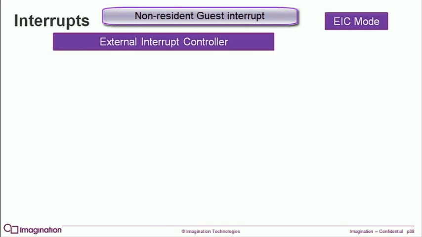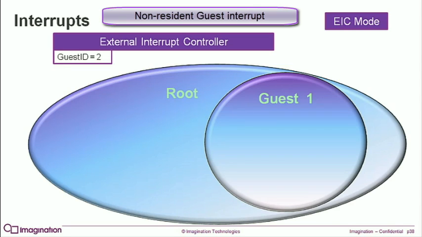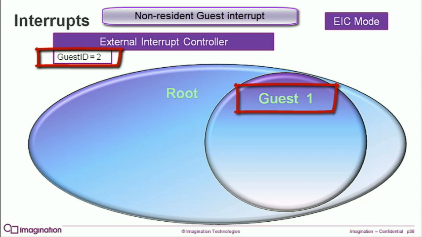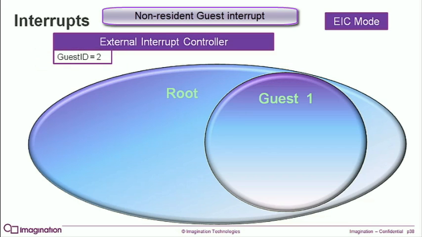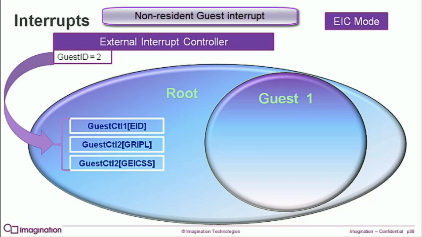Now for a look at what happens if the interrupt is for a guest that is not resident. In this example, the resident guest is guest 1 and the interrupt is for guest 2. The external interrupt controller will check its target guest ID against the current guest control 1 ID and see that they do not match.